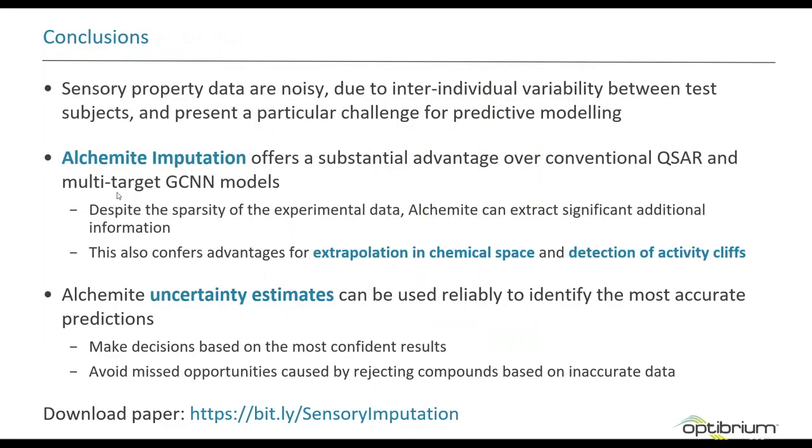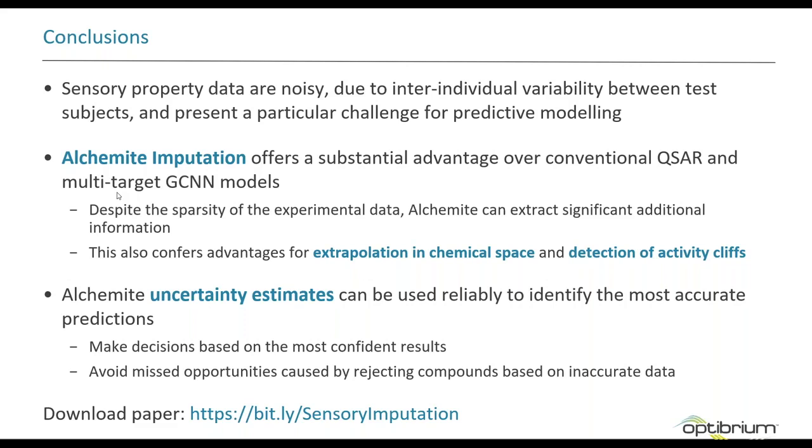And so we've seen how the Alchemite deep learning methods have been applied to sensory property data, which is characterized by being noisy and having inter-individual variability and subjectivity between the test subjects. And in this way, it presents a challenge for predictive modeling.